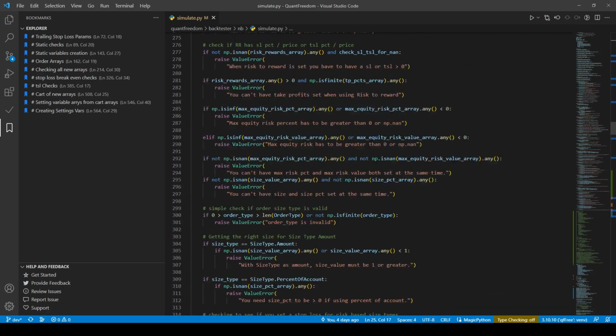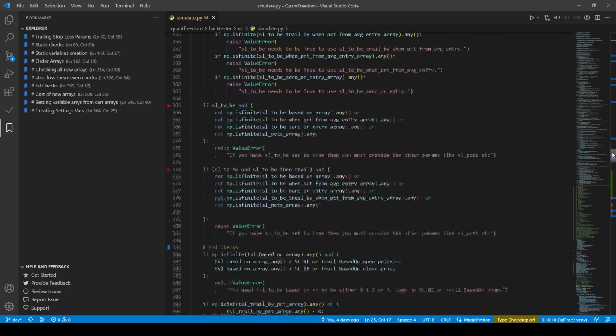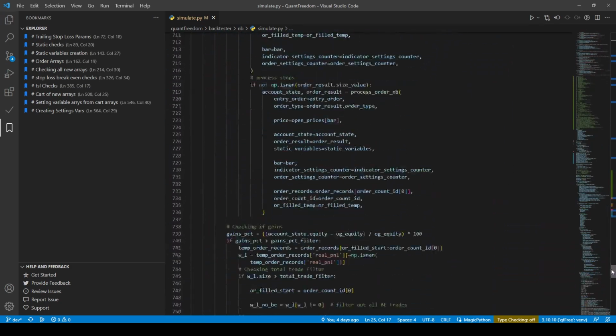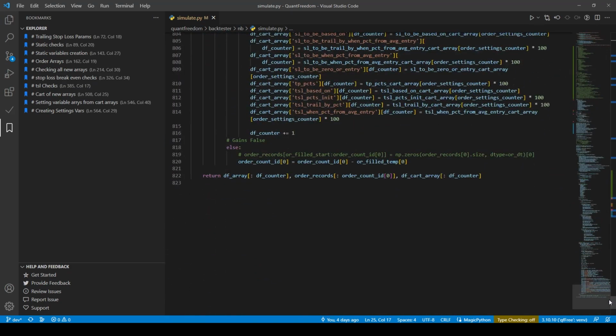So if we go all the way down, all the way down, all the way down, we should, in theory, return df. Okay. Order records.